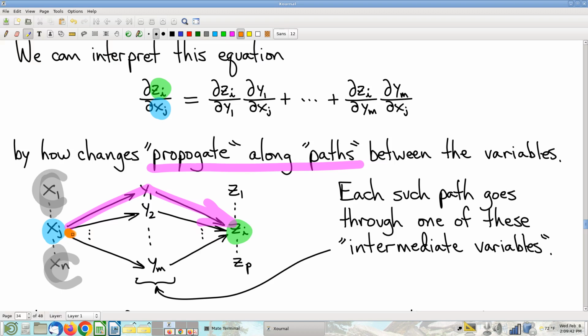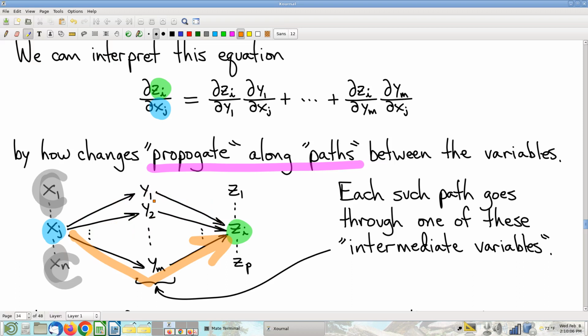Then there is a propagation of change along a separate path simultaneously with what we just observed. As you change xj, that will also change y2. That change in y2 will also contribute to a change in zi. That's in parallel. And then likewise, the next path and the next path, and so on, all the way down to this last path.